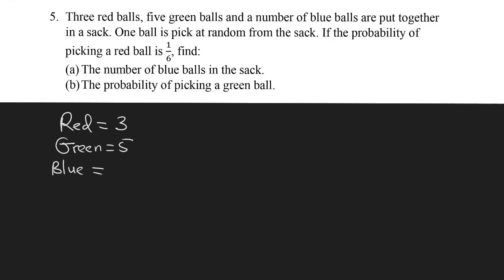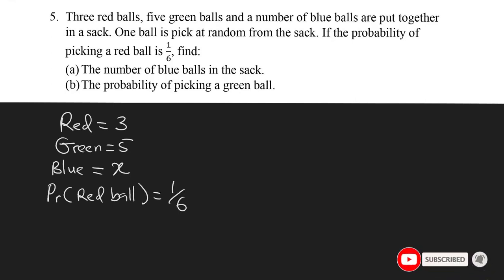That means we are not aware of it. We don't know the number of blue balls, right? So let's make it X because we don't know it. It's an unknown. Then the question went ahead to say that the probability of picking a red ball is 1 over 6, right?